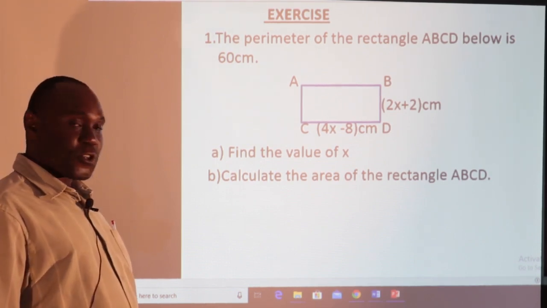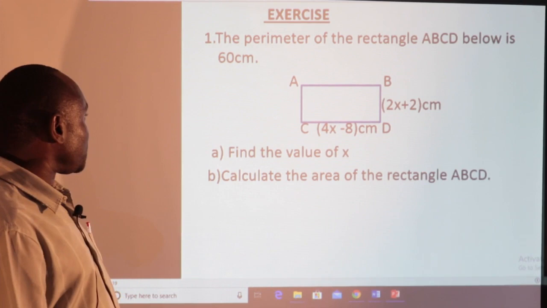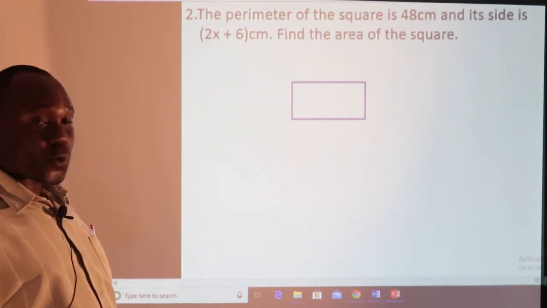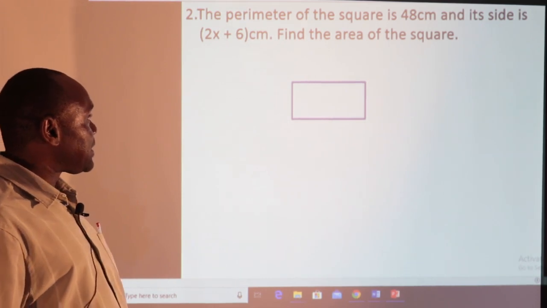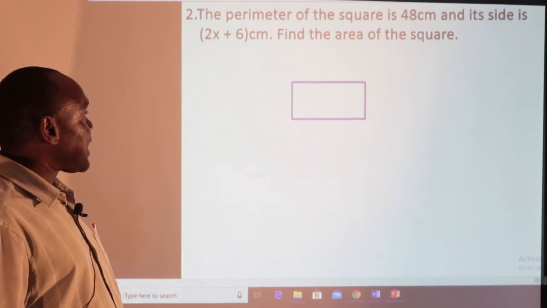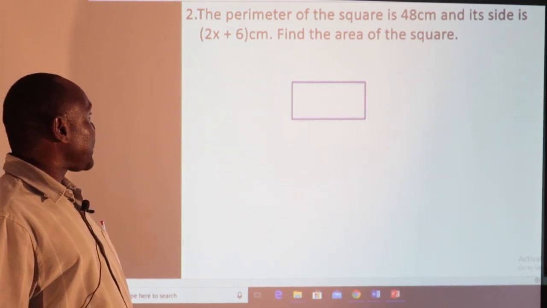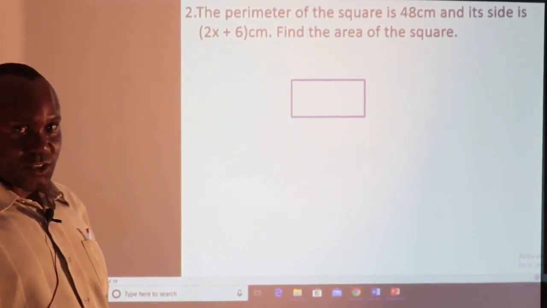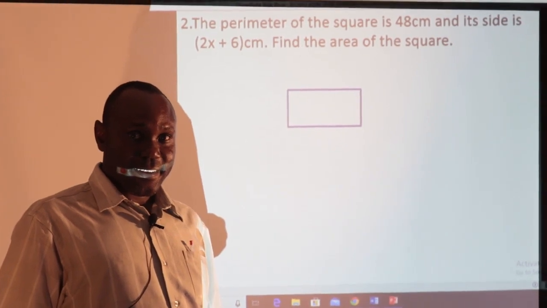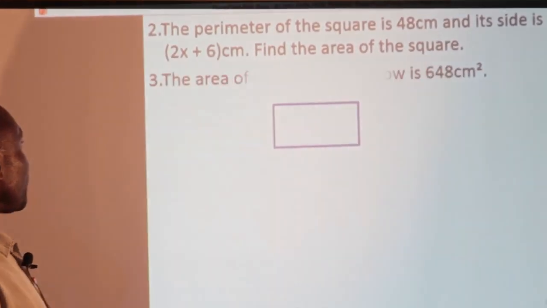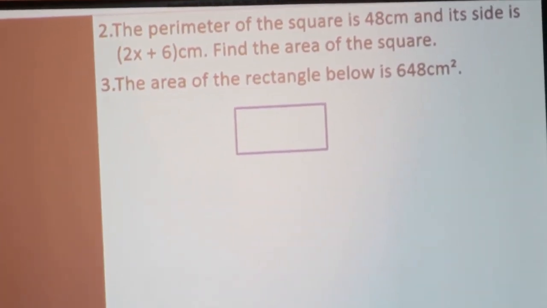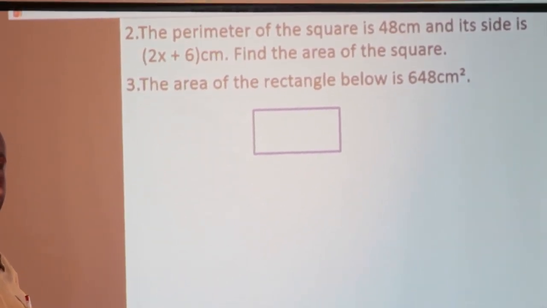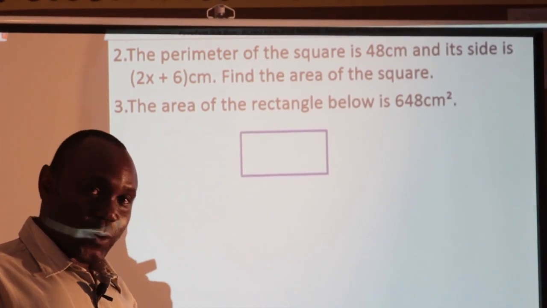That's question 1. Question 2, we have the perimeter of the square is 48 centimeters and its side is 2x plus 6 centimeters. Find the area of the square. That is question 2. Question 3, the area of a rectangle below is 648 square centimeters.